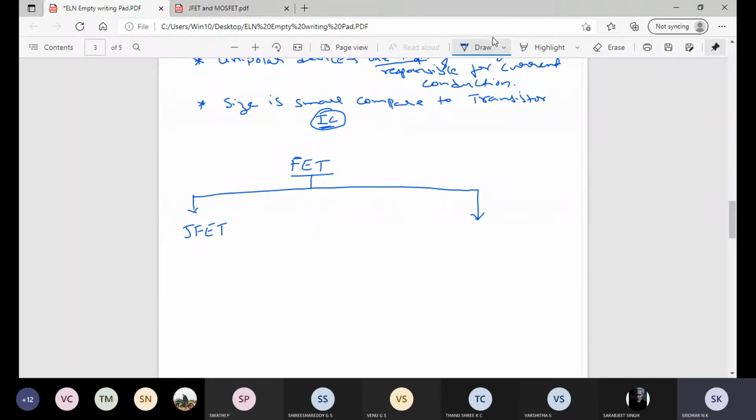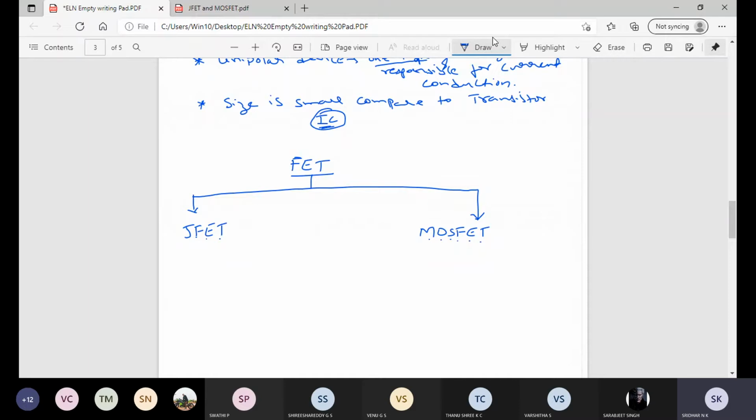And the second is MOSFET. What does this mean? Metal oxide semiconductor field effect transistor. This is the abbreviation of these two terms, JFET and MOSFET. FETs are broadly classified into two types, JFET and MOSFET.